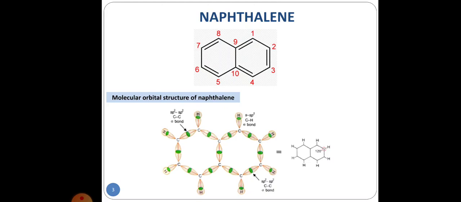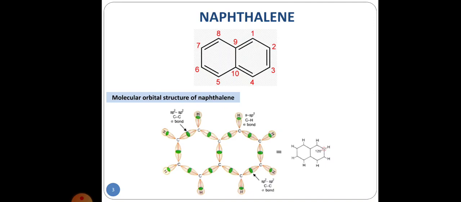All 10 carbon atoms in naphthalene are sp2 hybridized. The sp2 hybrid orbitals overlap with each other and with s orbitals of the 8 hydrogen atoms, forming carbon-carbon and carbon-hydrogen sigma bonds.